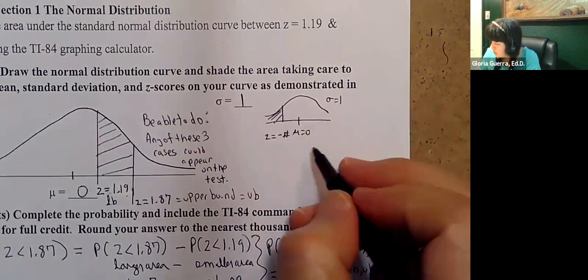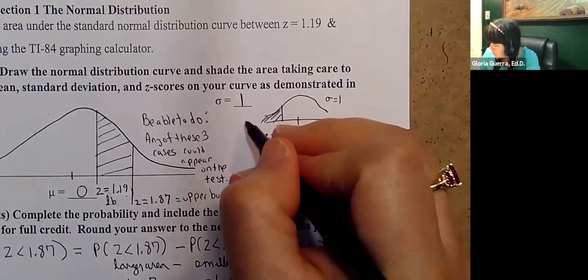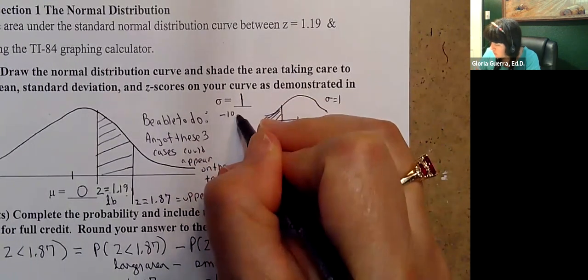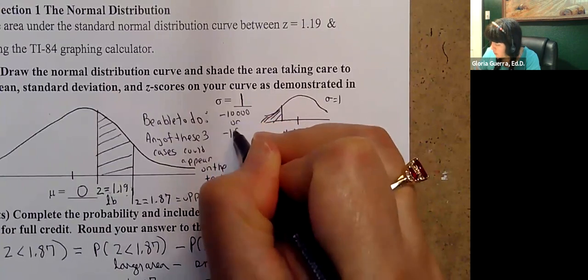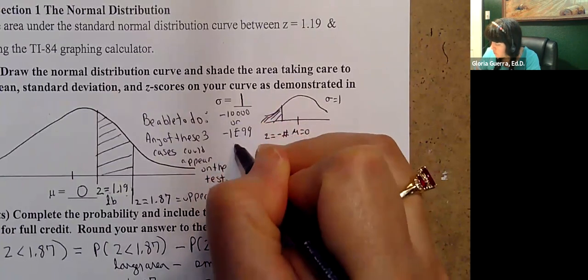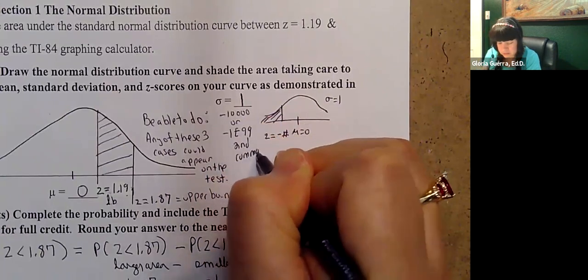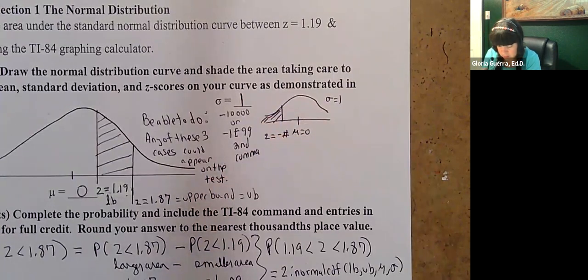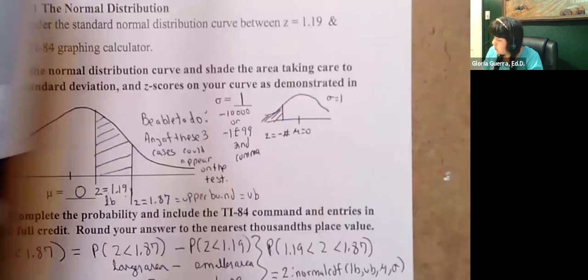Then you have to be aware that if you use the calculator, you need negative 10,000 or the -1 E99, right? Which uses the second and the comma, because if you look at your second and your comma, that has the EE on there, remember that?